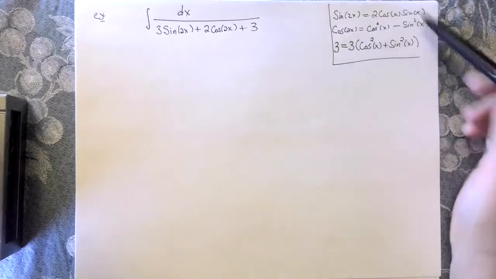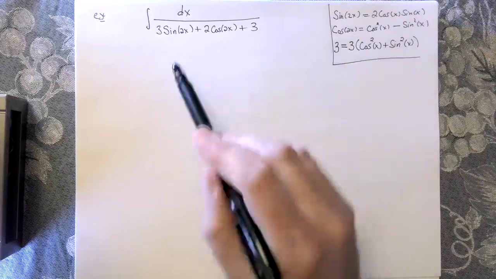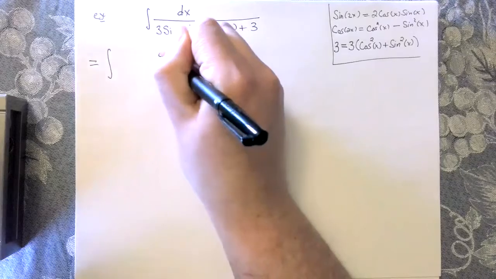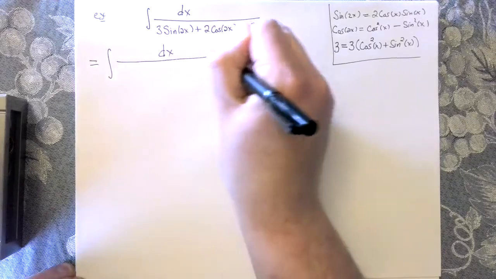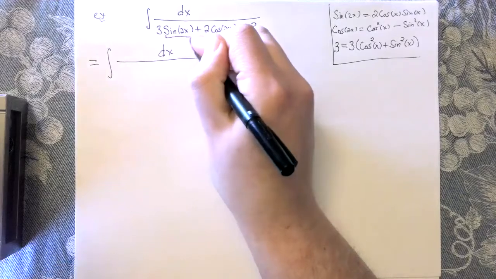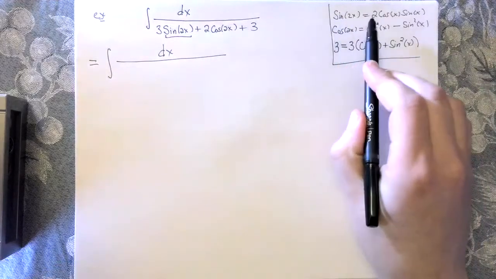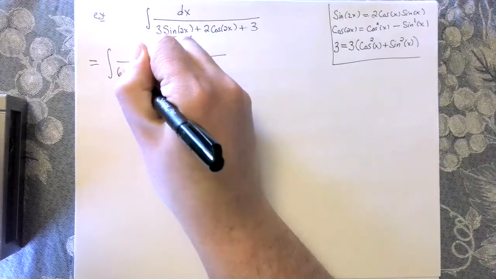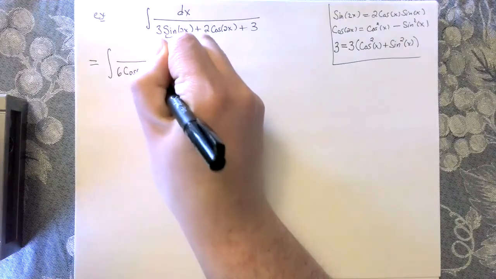And so with this, let's go ahead and make some substitutions here. Using a lot of identities, it's going to give us the following. So I'm going to have 3 times this quantity, right? If I multiply both sides by 3, that should give us a 6 cosine of x times the sine of x.